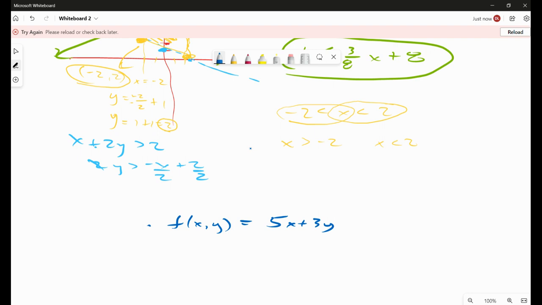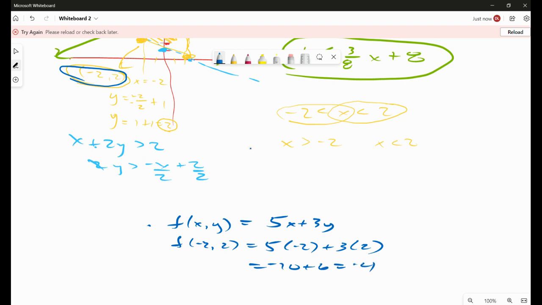And so I have this point right here, negative 2 and 2. So f of negative 2 and 2 is equal to 5 times negative 2 plus 3 times 2, which is equal to negative 10 plus 6, which is equal to negative 4. So that's how I find one of them.